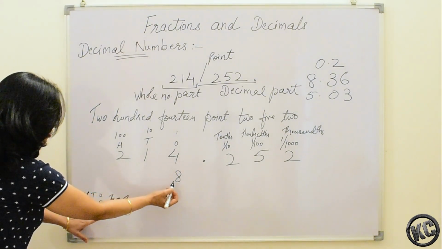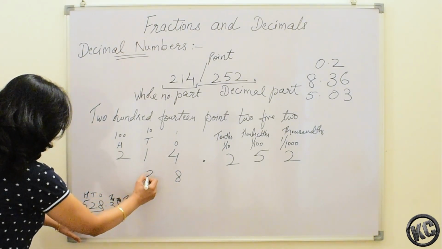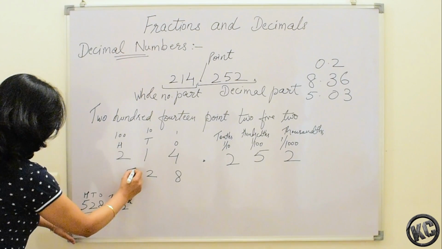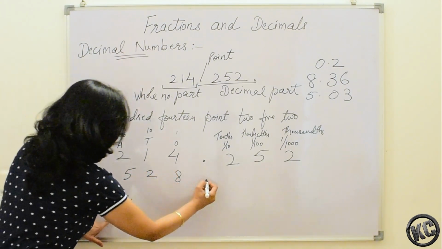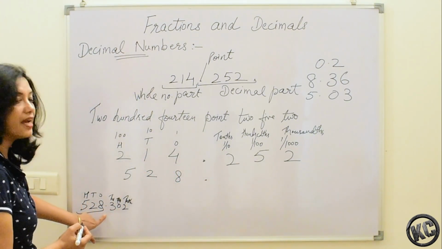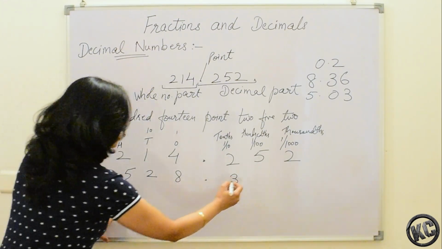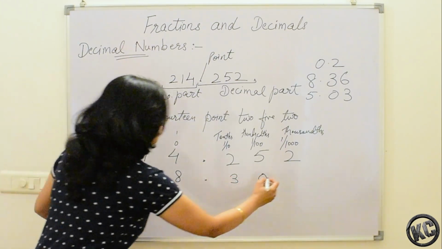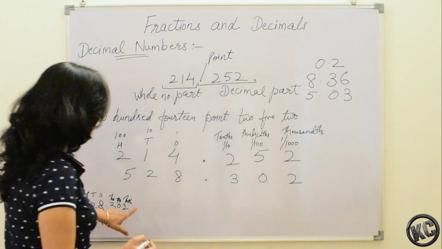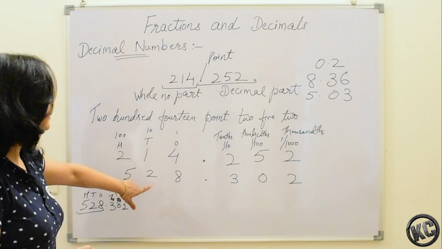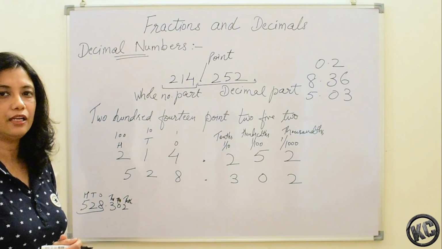So place ones below ones, then comes tens, then comes hundreds. Now to the right side of the point we have 3, 0, then 2. So this is how we have written the number in the place value chart.